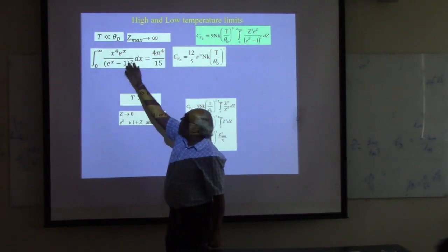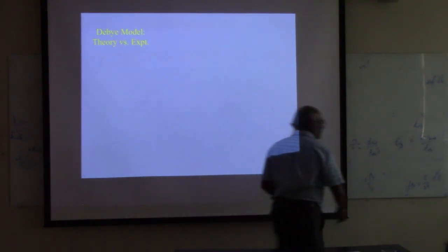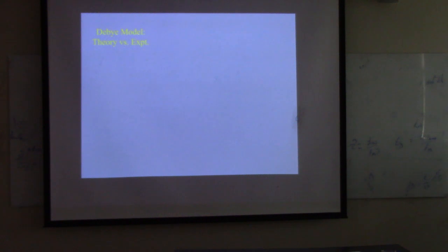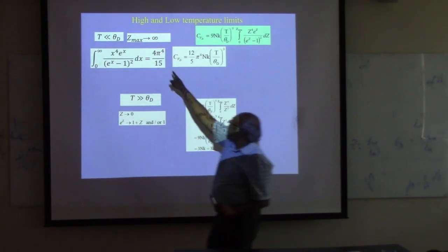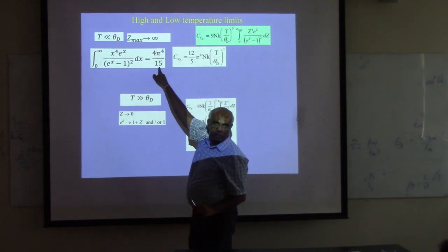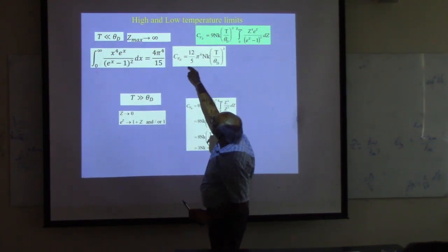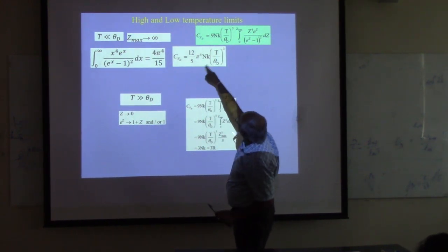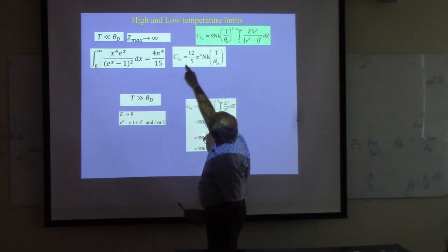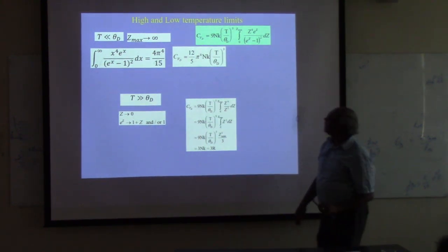Please, you can do this one by Mathematica or MATLAB. If you do this, you will find 4π^4/15. So you can easily get this finite integral. Plug in this one here, 9k, this one. So if you plug in, you get 12π^4/5. You get this answer. What is that?